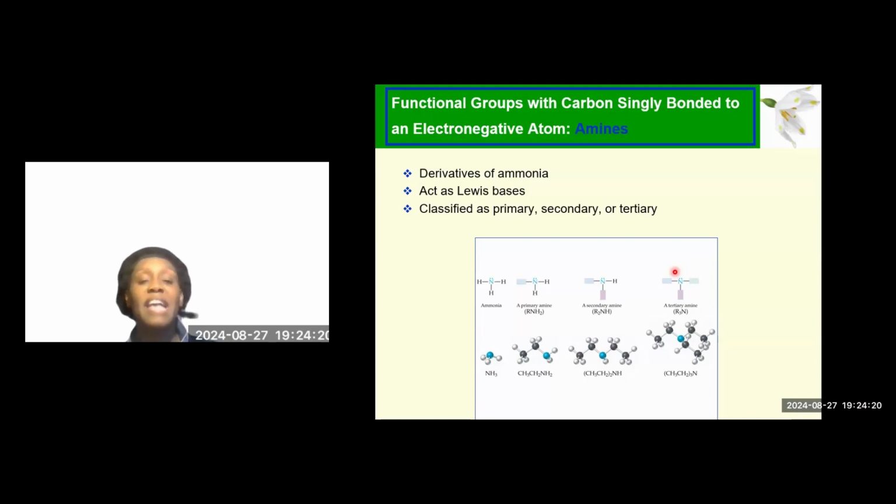Now, amines do act as Lewis bases. If you remember from chapter 2, Lewis bases have electrons that can be donated, electrons that can fill an empty orbital. So ammonia, as well as amines, can act as Lewis bases.